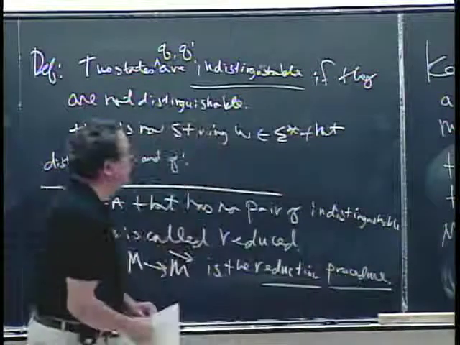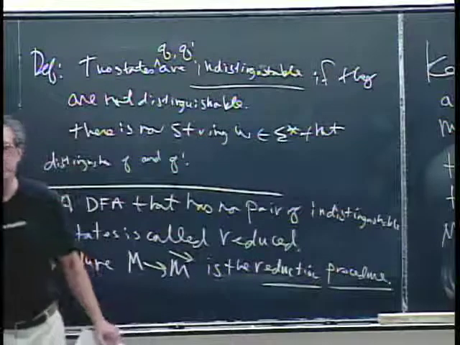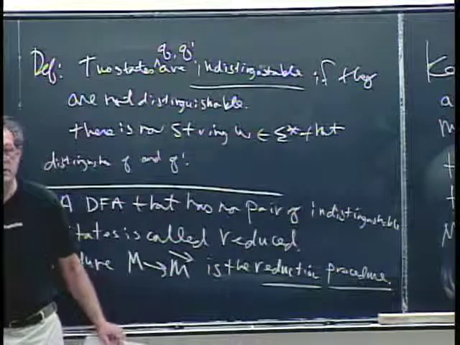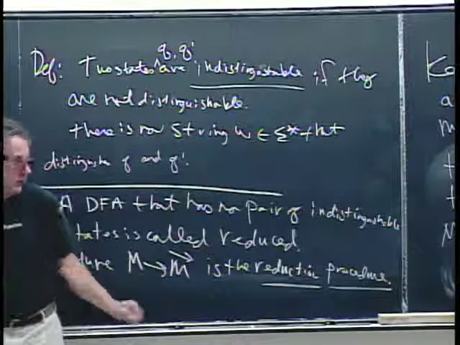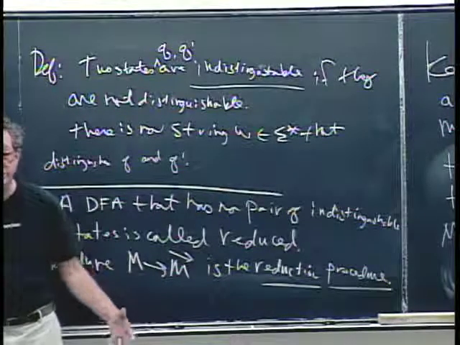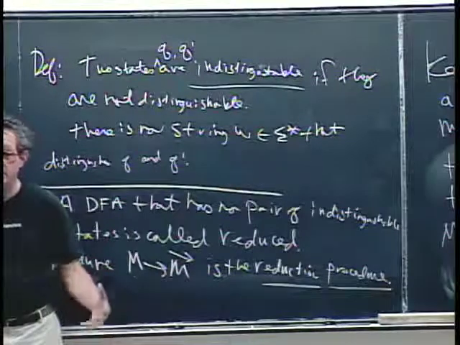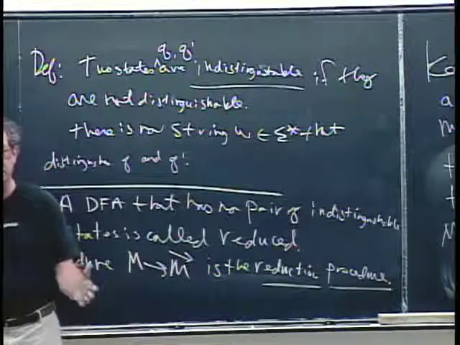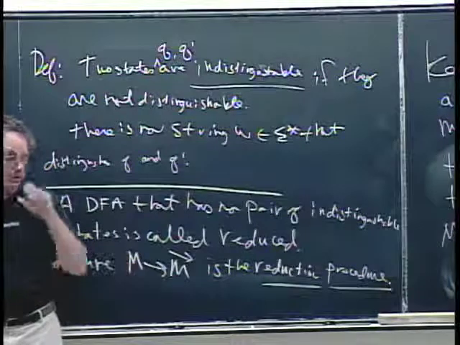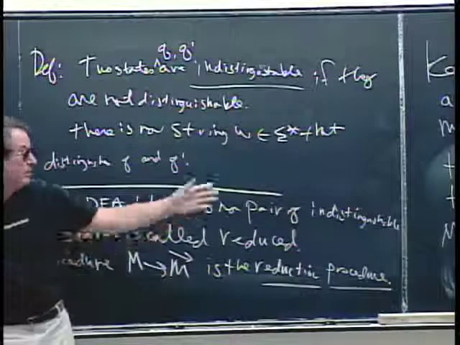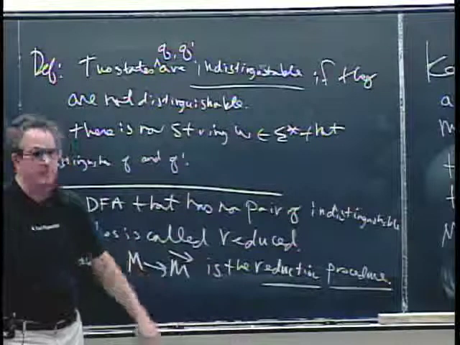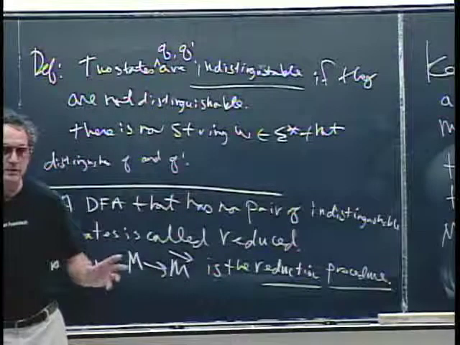Okay, so that defines an algorithm, but I haven't shown you how to efficiently implement it. It's even more than implementation. How do you recognize that two states are indistinguishable? To recognize that they're distinguishable, you just have to come up with some string which distinguishes those two states. But how do you recognize that two states are indistinguishable? That's what you need to do in this reduction procedure. Well, we'll get to that.